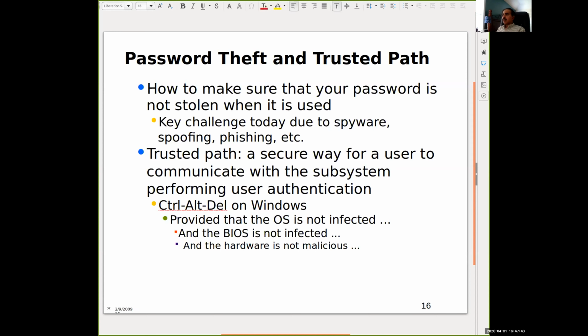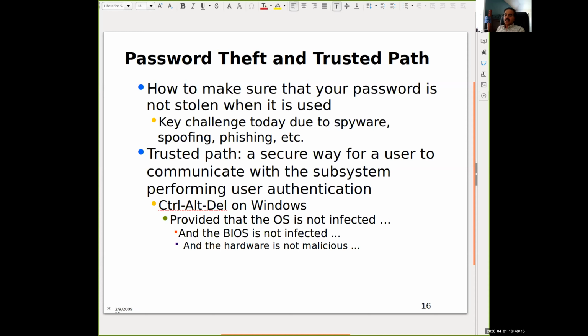Okay, so if a trusted path can be ensured, then password stealing becomes more difficult.